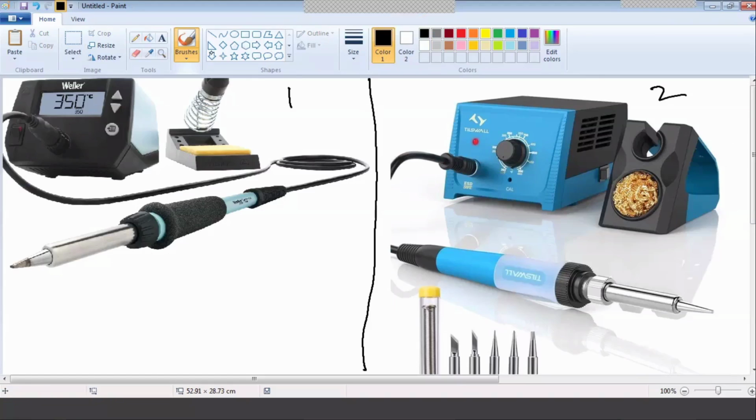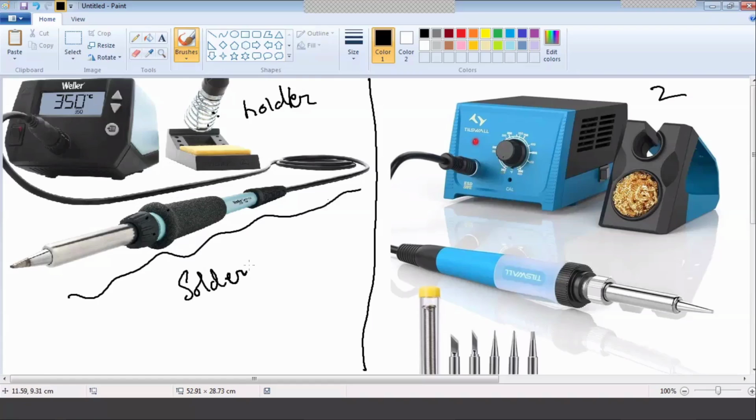Okay, so here you can see this is a soldering station. This is a whole setup, right? There is a holder to hold this soldering iron. This is the soldering iron, right? And this is the control box, the control unit of this.